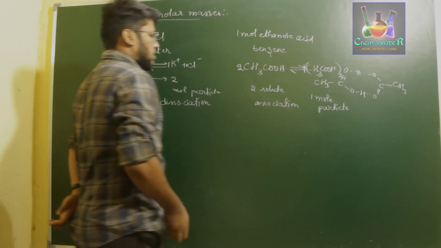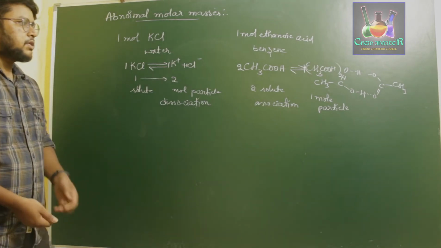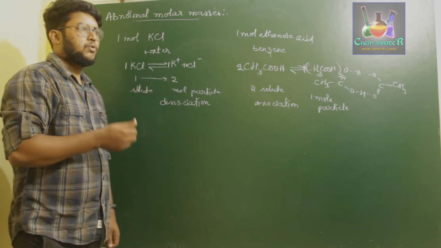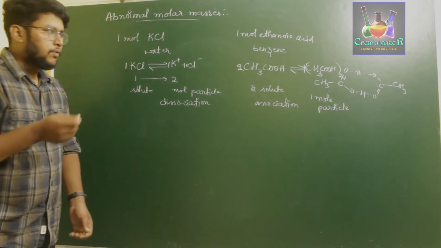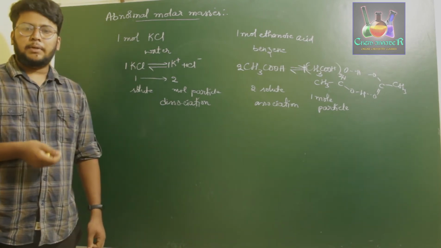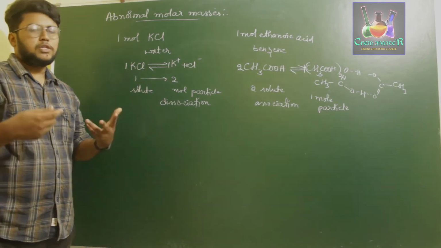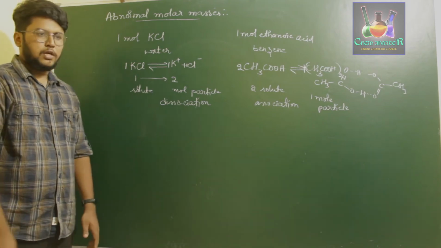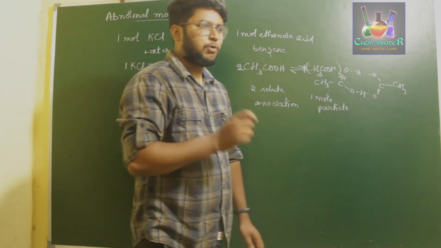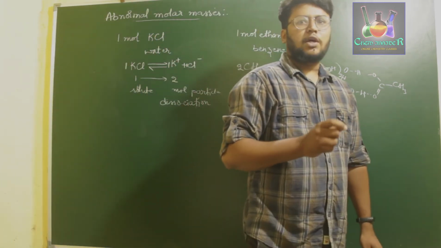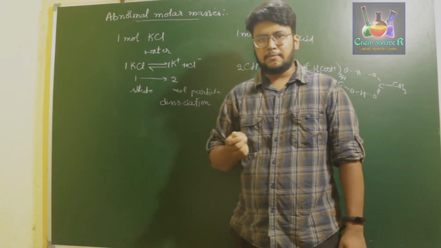So what do dissociation and association have to do with abnormal molar masses? Whenever you calculate the molar mass of a solute using a colligative property, such as depression in freezing point, elevation in boiling point, relative lowering of vapor pressure, or osmotic pressure, we observe a variation between the expected molar mass and the calculated molar mass.